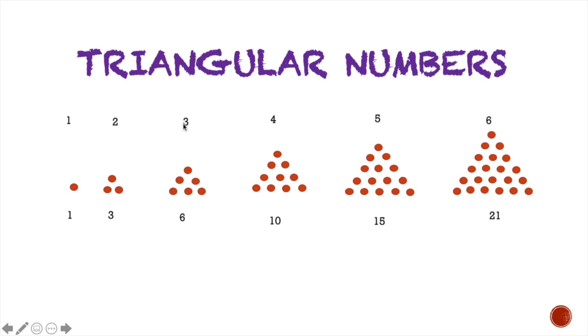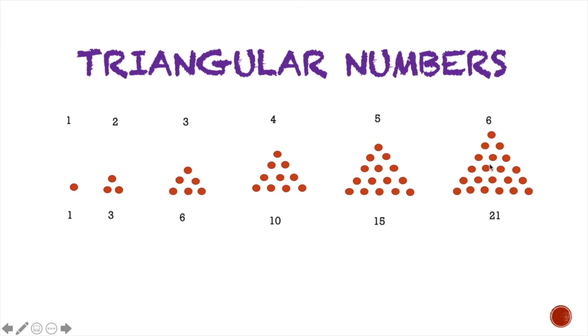Adding the number 3 gives us 6 elements in our third term. And if we added 4 to 6, we would get 10 elements in our fourth term. Adding 5 will give us 15 elements in the fifth term. Adding 6 will give us 21 elements in the sixth term.